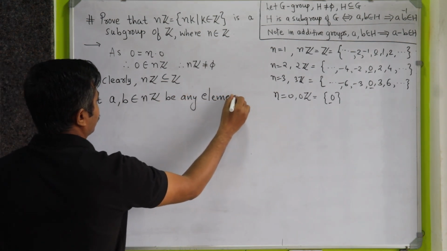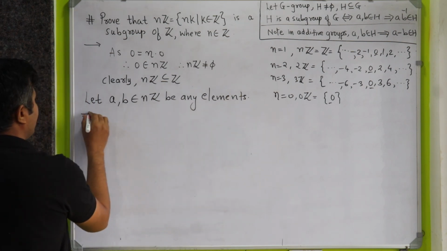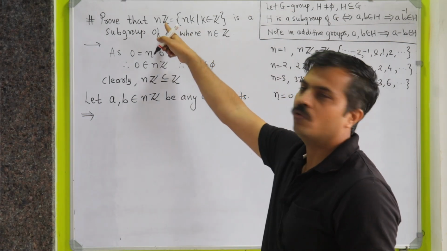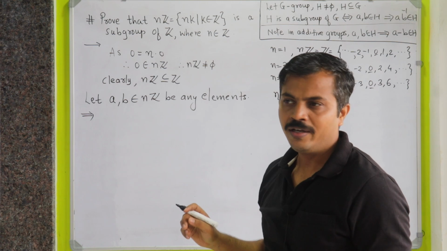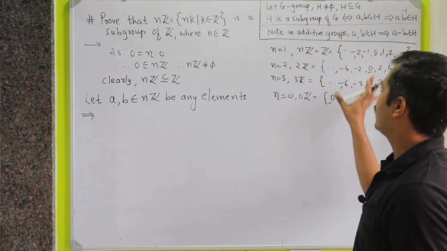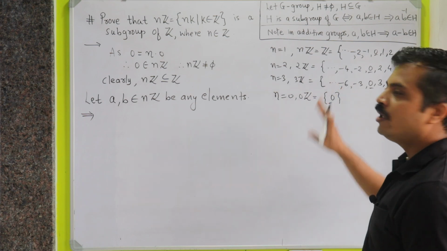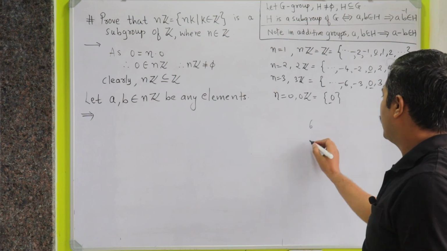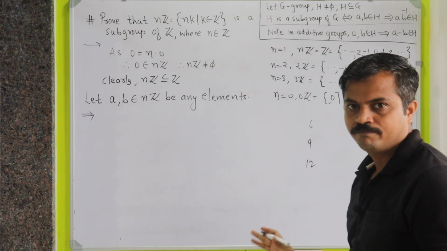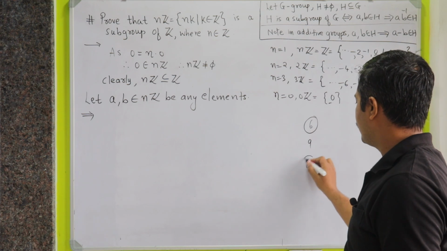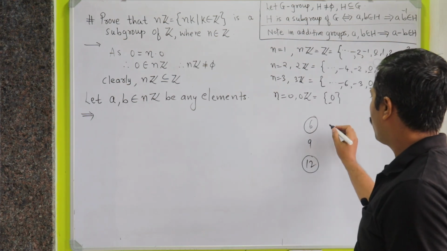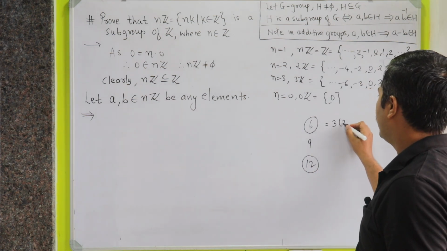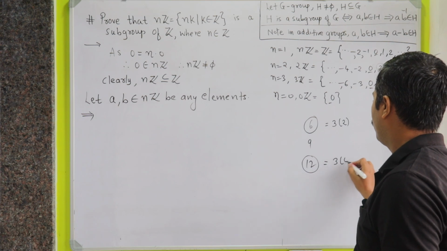But what does it mean? As a and b are in nZ, remember, how does an element of nZ look? It is a multiple of n. Let us try to understand it through an example. If I take any two elements of 3Z, what does it mean? Either it will be 6, 9 or 12. Let us say this is my a, this is my b. As we can observe, since these are elements of 3Z, we can always write them as multiples of 3.